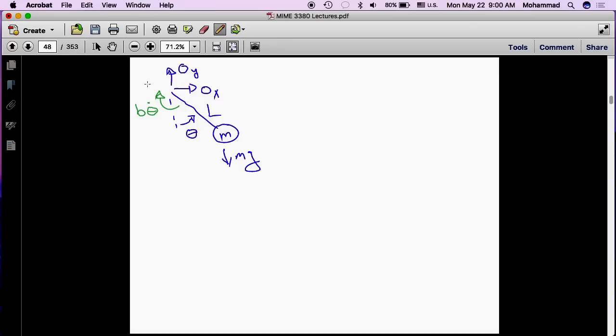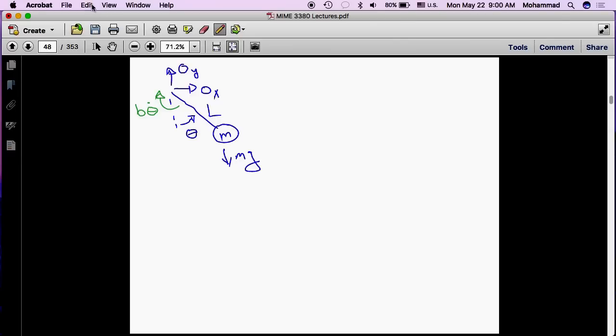In rotary systems, instead of m, we write the moment of inertia. So it's not the mass only, but how far it is from the pivot point.